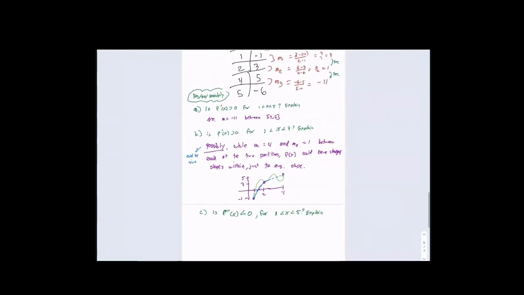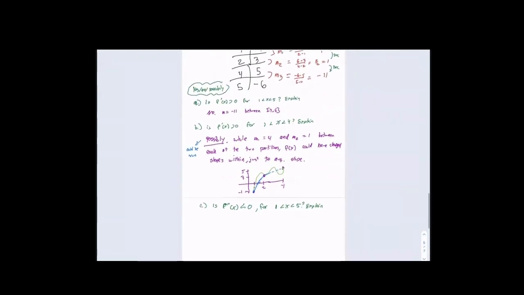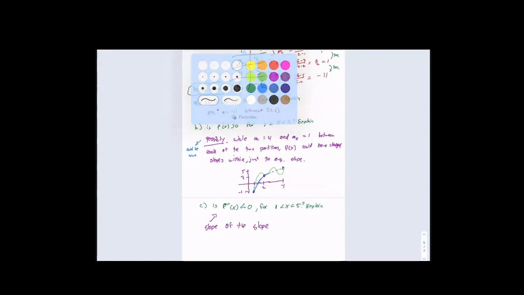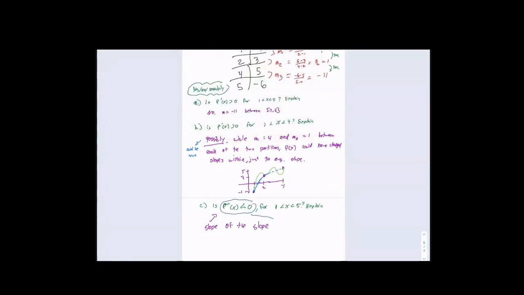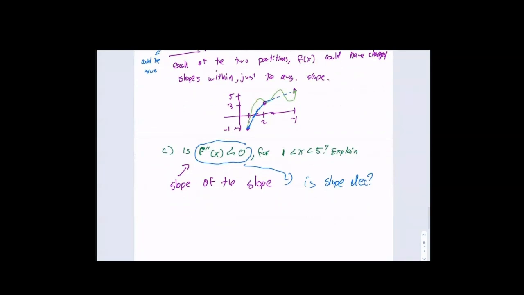Can this be true? Well, for this type of question, we need to look at the slope of the slope. What this is saying is, is the slope decreasing? The second derivative being negative means that the slope, f prime, or the m's, is decreasing.